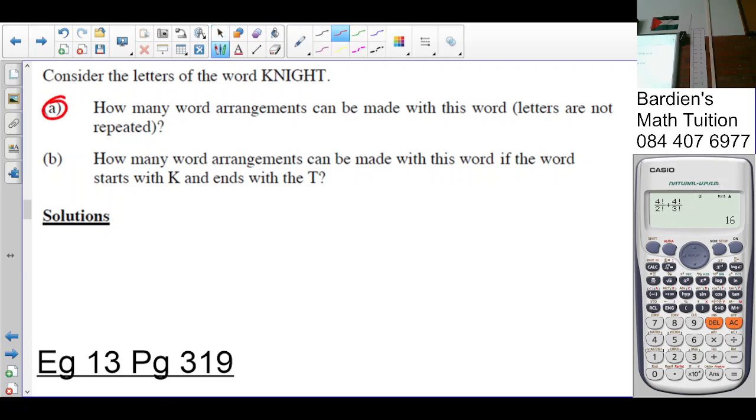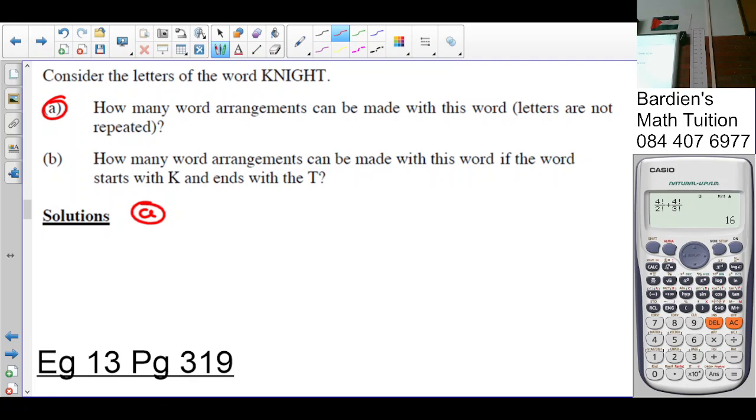So, is this the case of that formula? No. How many word arrangements can be made with this word if the letters are not repeated? So, do we use that formula here? No. When do we use the formula? If they say the repeated letters are treated as identical letters.